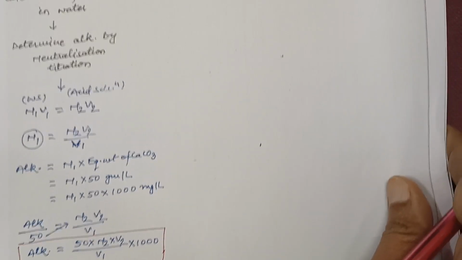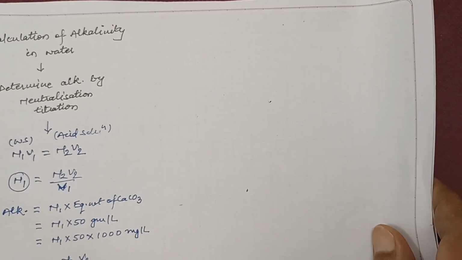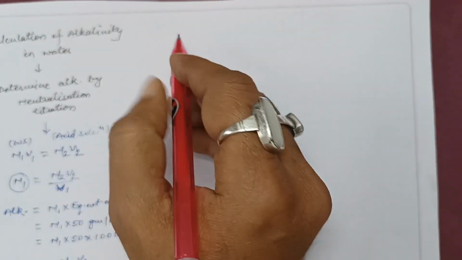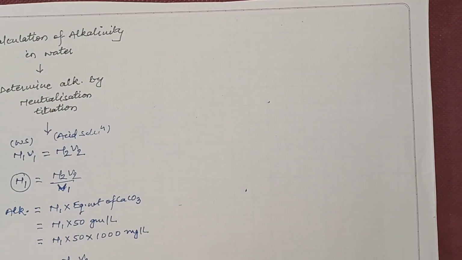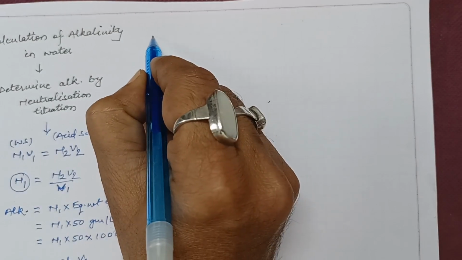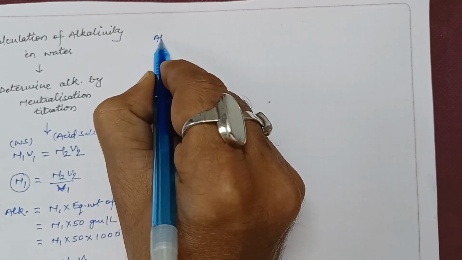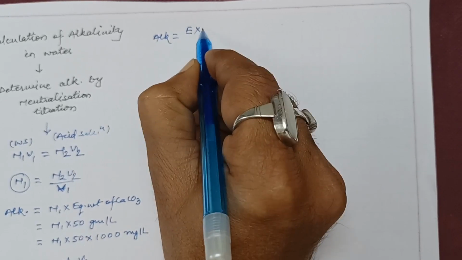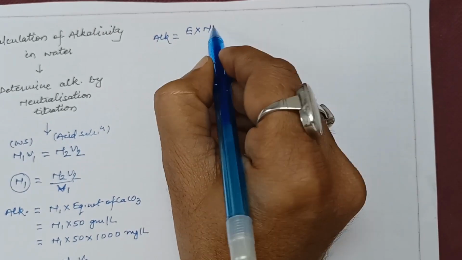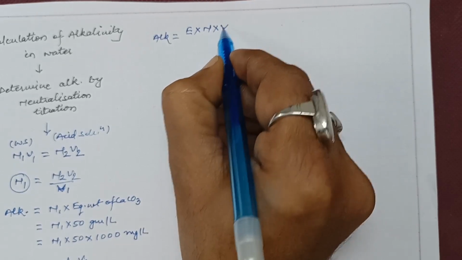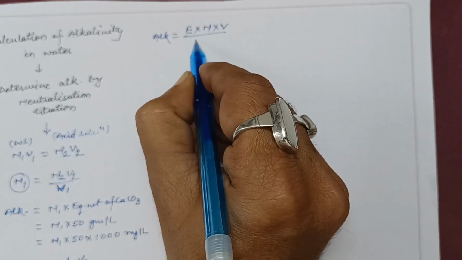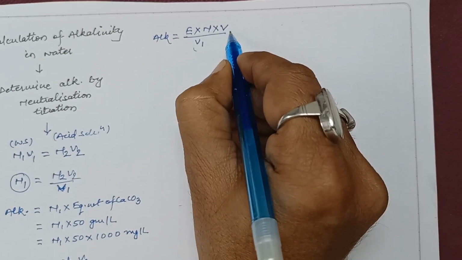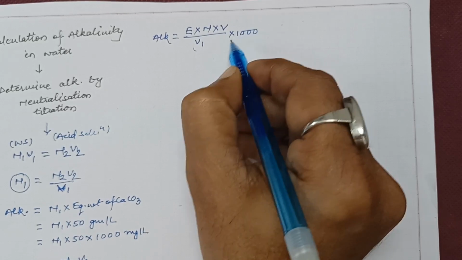Now while calculating the alkalinity content through the formula, alkalinity is equal to E, that is 50, into normality of acid into volume of acid divided by volume V1, that is the volume of water sample, multiplied by 1000.